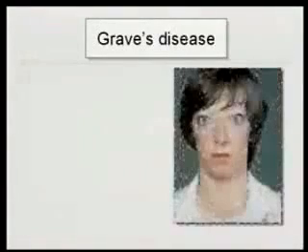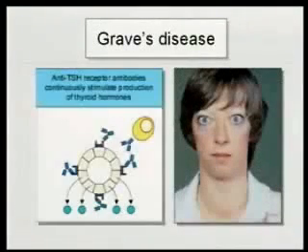Okay, in Graves' disease, that's just a patient example. Here are the antibodies that bind to the TSH receptor and stimulate these cells to produce large amounts of thyroid hormones, and that has physiological features there.